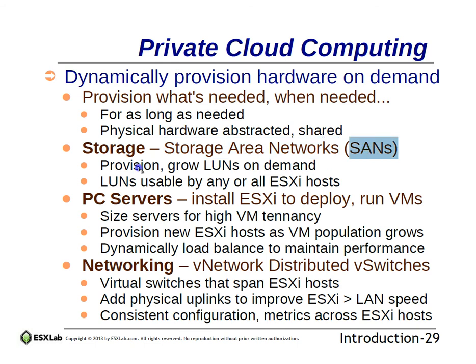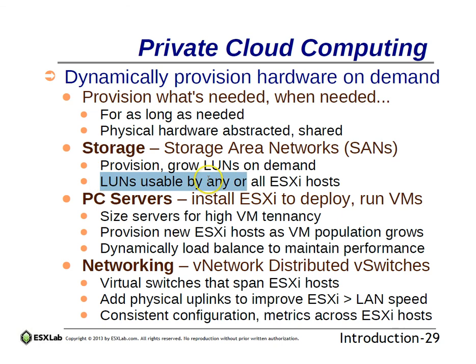I can stuff the appliance full of disks. I can organize those disks into storage pools, which are essentially RAID arrays, and I can carve up those storage pools into storage volumes called logical unit numbers, or LUNs. I can make LUNs on demand, I can grow LUNs on demand, and I can present them to one or more servers as I see fit.